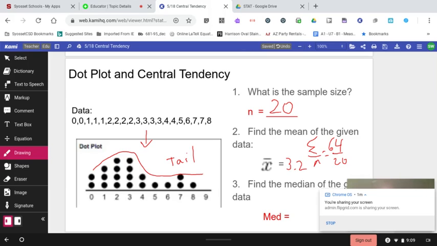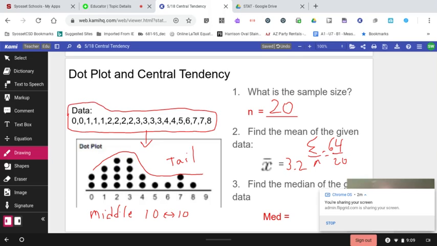To get the median, we want to get to the middle of these 20 numbers. So to get to the middle of 20 numbers, there will be 10 on each side. So we would split this into a lower half of 10 and an upper half of 10. If I count to the 10th number on each side of the dot plot, as long as the data is in order, I would actually get 3 on each side.